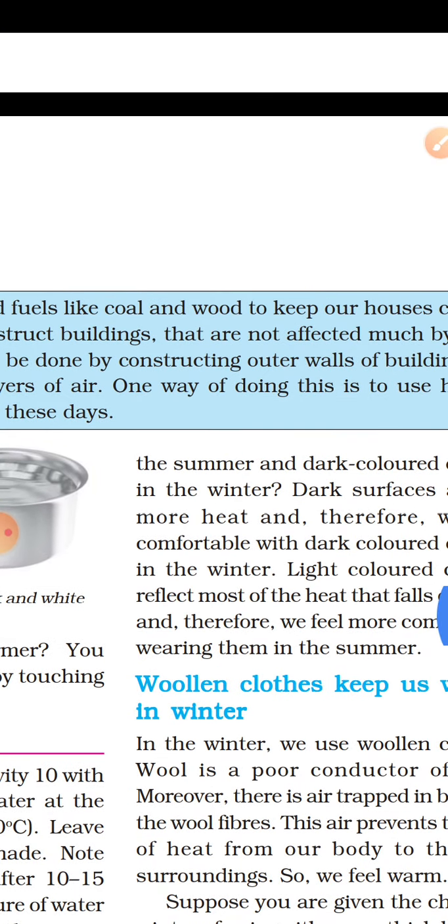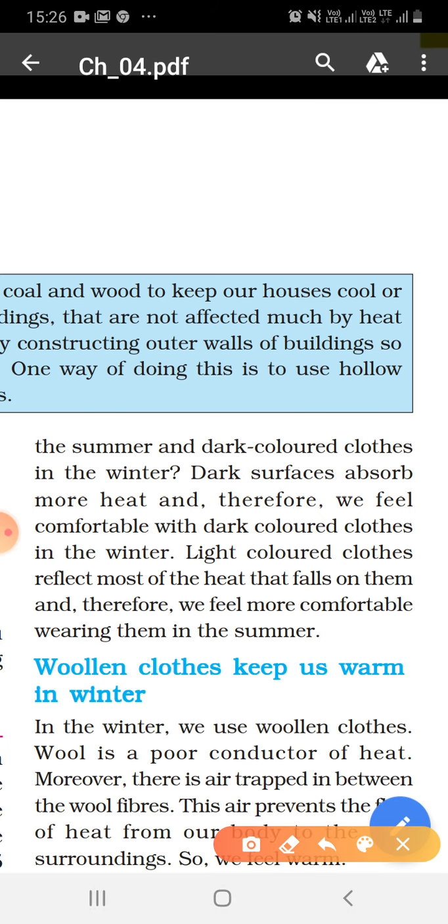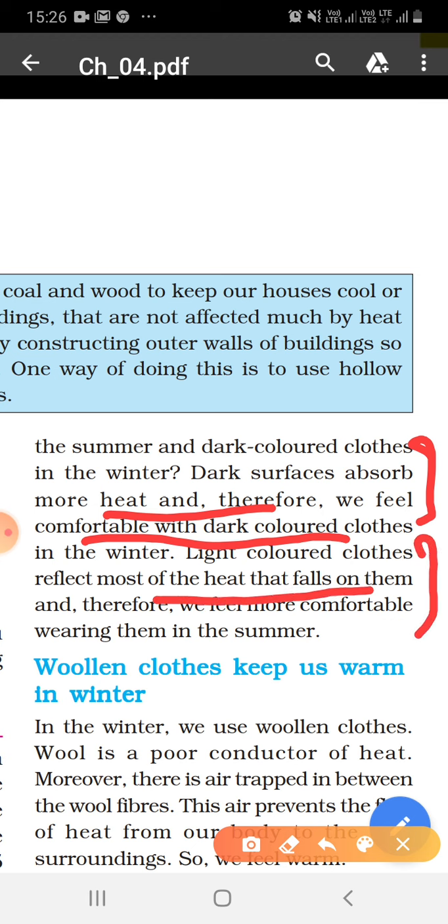Because light surfaces are reflectors and dark colored surfaces are absorbers. Dark surfaces absorb more heat, and therefore we feel comfortable in dark colored clothes in winter, and light colored clothes reflect most of the heat that falls on them. So in summer we feel comfortable in light colored cloth, and in winter we feel comfortable in dark colored cloth.